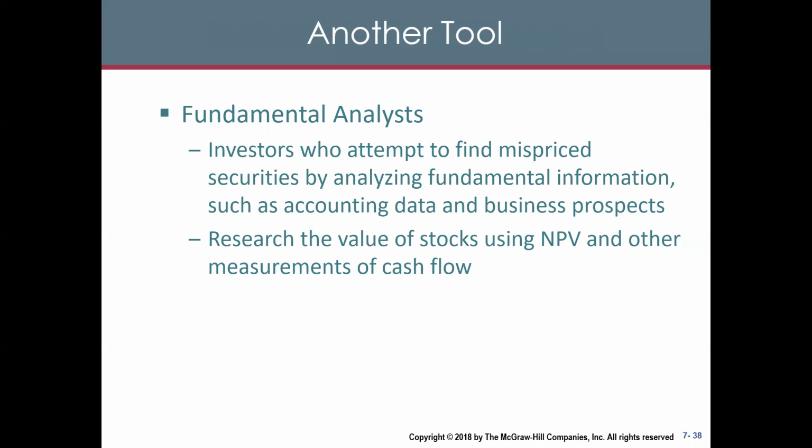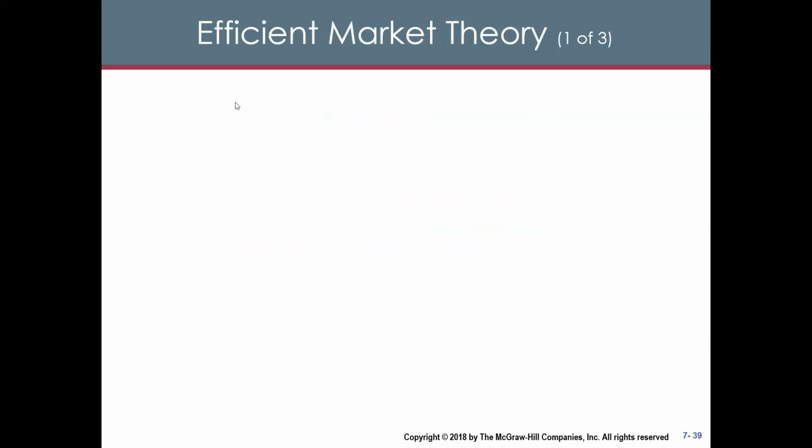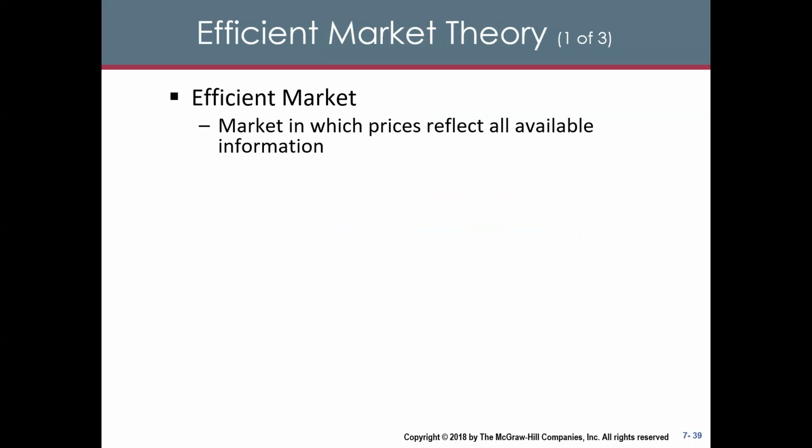If it's underpriced, they will say it's a good opportunity to purchase the stock. If it's overpriced, they may think about shorting this stock. They research the values of the stocks using NPV and other measurements of cash flow. However, there is also a theory against the fundamental analysts, and that's the market efficiency theory, or efficient market theory.